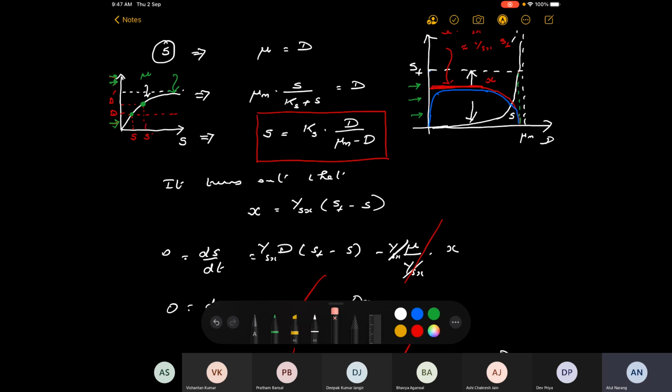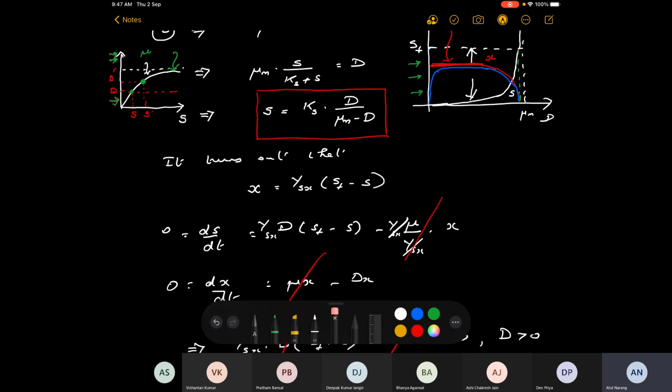And at that value of d, when s becomes equal to sf, you basically are saying that the concentration of the substrate in the reactor is equal to the feed concentration. So nothing is being consumed, right? Whatever comes in stays put. And that means that your biomass concentration, you can see it from the formula here, x equals ysx multiplied by sf minus s.